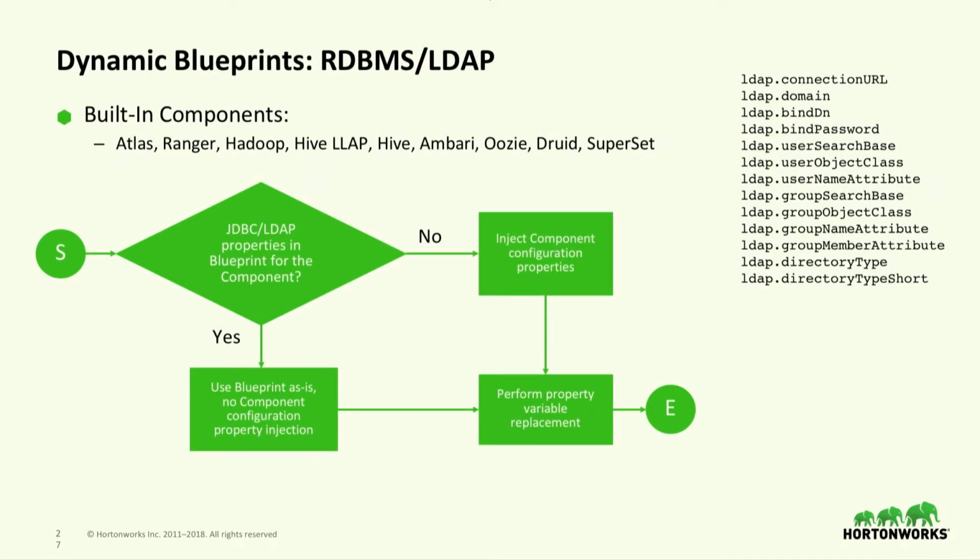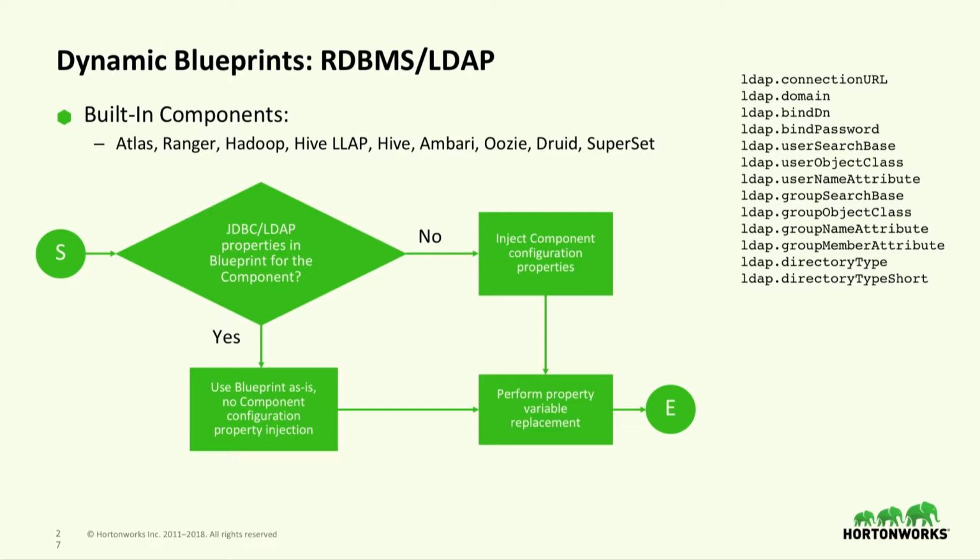So how it works: as you can see, to configure an LDAP connection, it takes that many parameters, so it's a pain to do that every time when you are launching a cluster. So you only have to do that once with Cloudbreak and reuse that. And that's the good part. It automatically parses the blueprint, whether it contains JDBC or LDAP-related parameters in it.